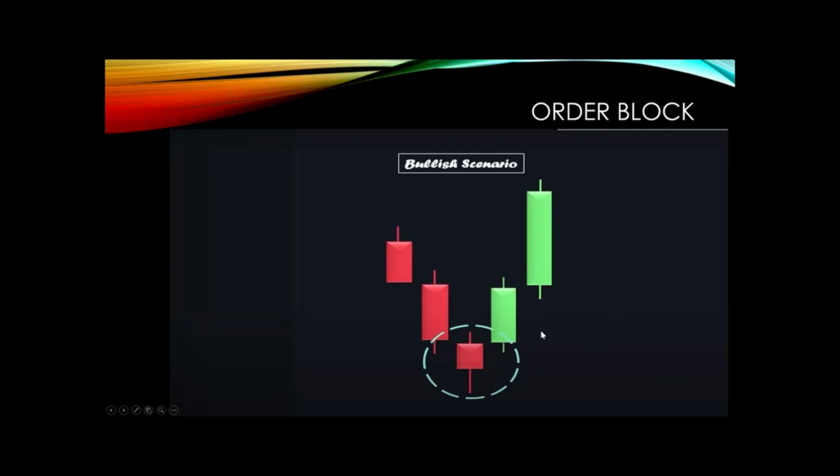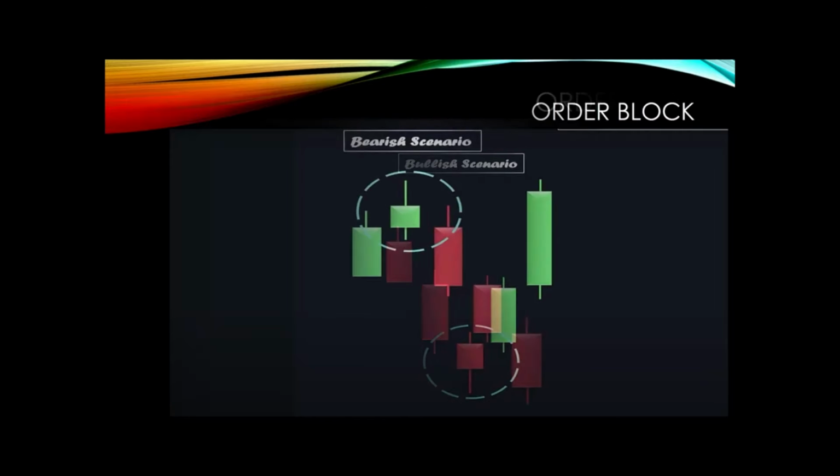Once we see the order block has formed and it has created a valid order block and broken the structure with an impulsive move, we enter our position to buy this market. So let's move on to the next slide here.